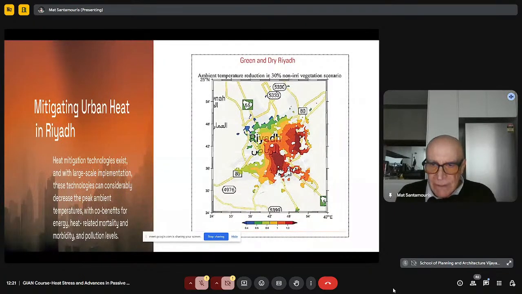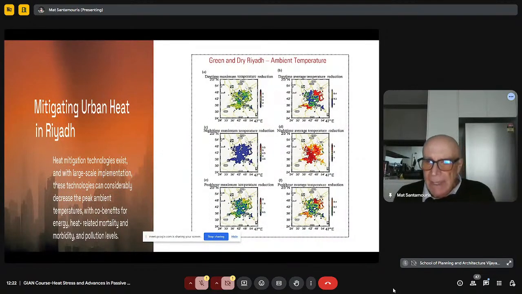What we have seen is that by using this kind of technology without an important irrigation, we may decrease the temperature of the city between 0.4 to 1 degree. But in many cases, we may have an increase of the temperature. And you can see, for example, from the graphs that in some cases, we had an increase of the temperature.